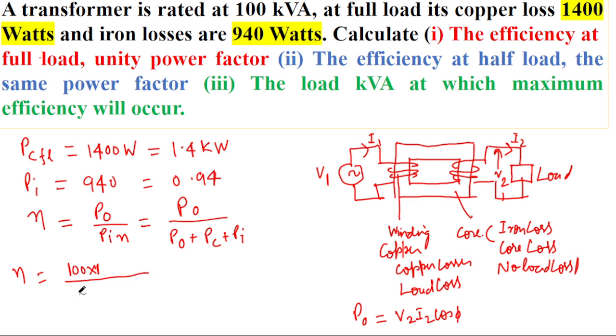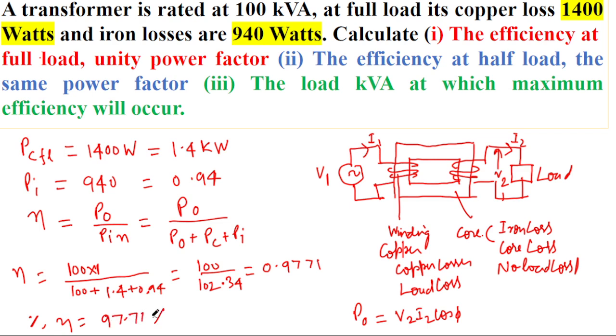it will be divided by 100 plus PC, which is given here as 1.4, right, and PI is given as 0.94, or it will become, if you add these two, 100 divided by 102.34, or if you calculate this one, that comes as 0.9771, or percentage efficiency will be equal to 97.71%.